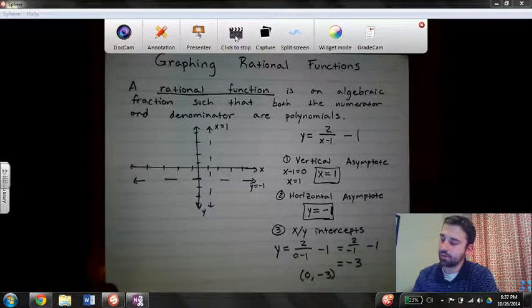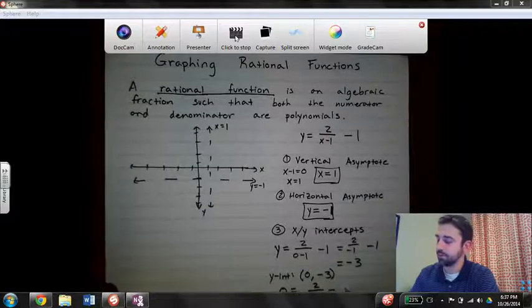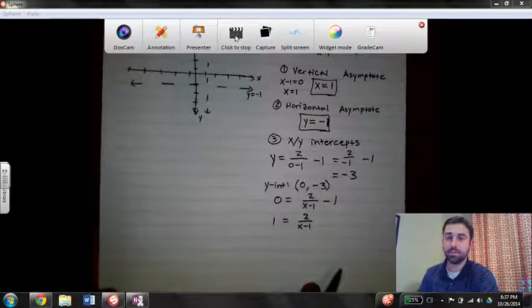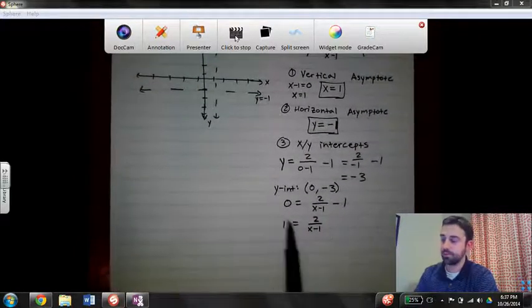And then in order to find my x-intercept, I would set y equal to 0 and solve for x, adding 1 on both sides. And then we get down to here. So I added 1 on both sides.